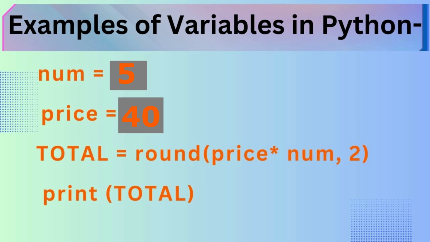We put price multiplied by num, then comma, then 2, and in the print function we call the total variable. So it's a very easy program. We can write it in Python easily and also run it.